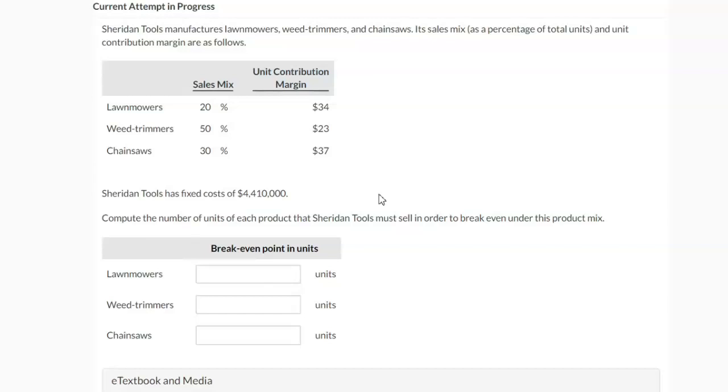Oh, already 29.4. Okay, I'm sorry. You're right. I was thinking he already did the first step. So how many did you get? 150. Yes. Okay, how many are going to be lawnmowers?